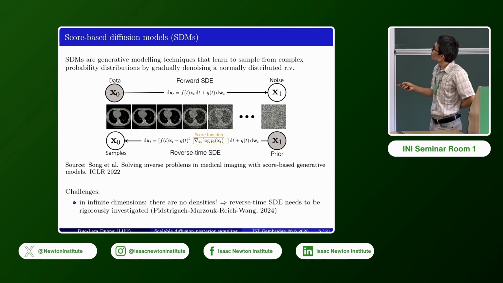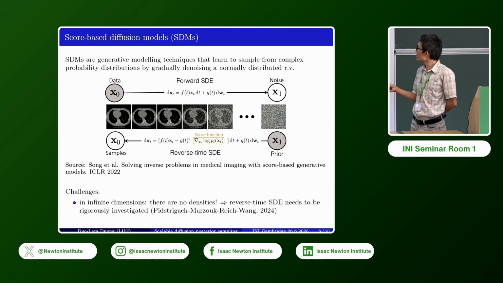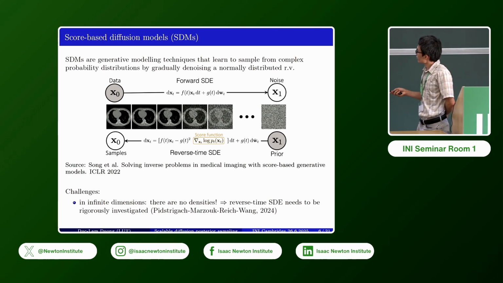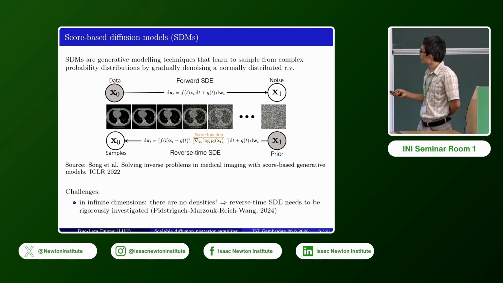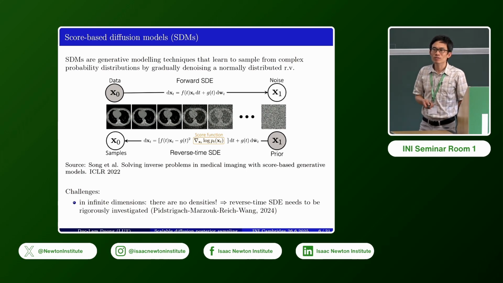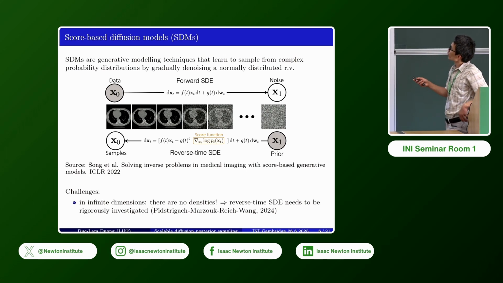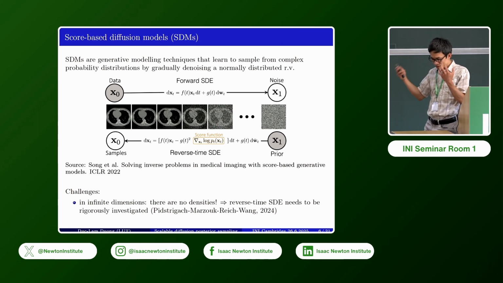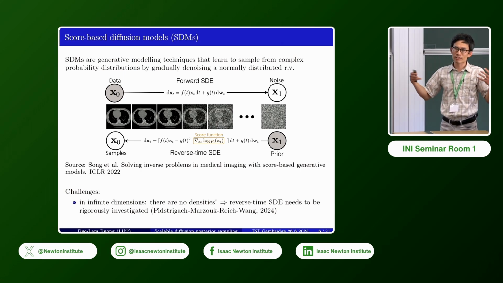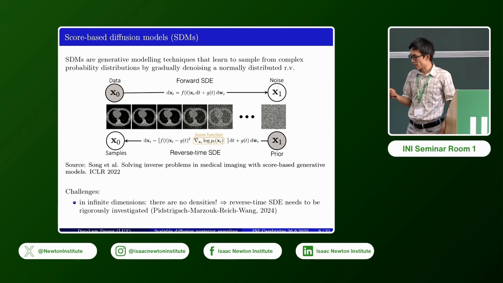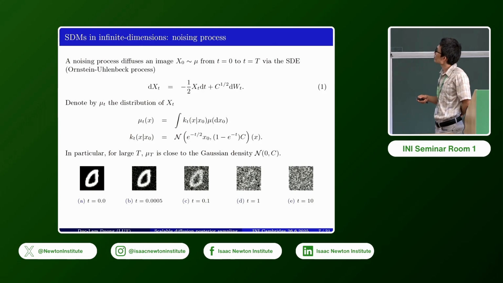This has recently been dealt with by a series of works, including work by Pidstrigach, Marzouk, Reich, and Wang. I think Sven is around here. Maybe you can ask him related to this. It's nice that this framework can be extended to infinite dimension, but then so many other challenges arise in this framework.